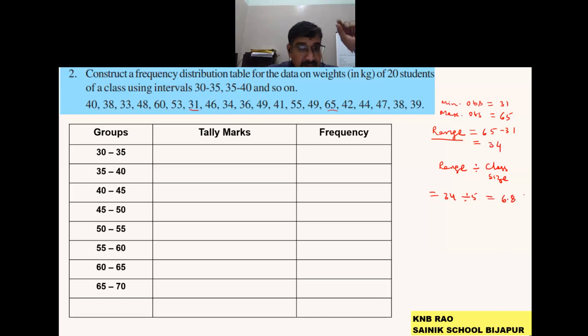That means I must take minimum 7 class intervals. But 65 does not fall in 60 to 65, so I need an 8th one compulsorily, because 65 falls in 65 to 70.